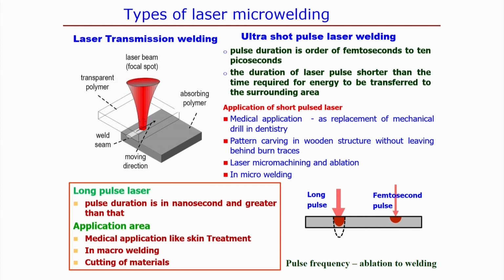So, for a femtosecond pulse laser, the duration of the pulse is around 10 to the power minus 15 seconds. Within such a small duration, if the laser energy is transmitted to the substrate material, specifically a metallic material like gold, a finite time is required to transmit the energy to the surrounding area.